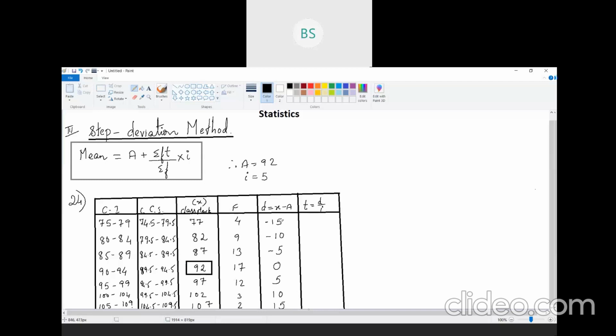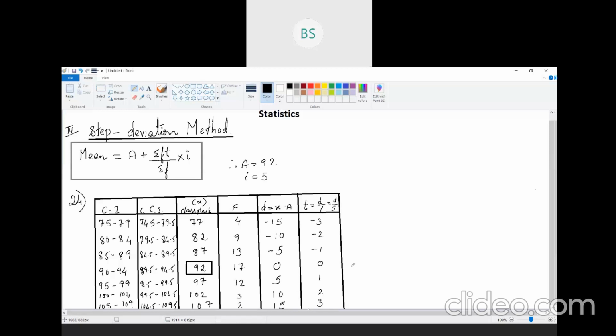So now we find t, that is d divided by 5. So minus 15 divided by 5 will give us minus 3. Minus 10 divided by 5, minus 2. Minus 5 by 5, minus 1, and so on. So 0, 1, 2, and 3.